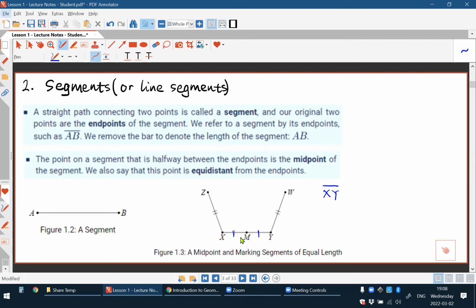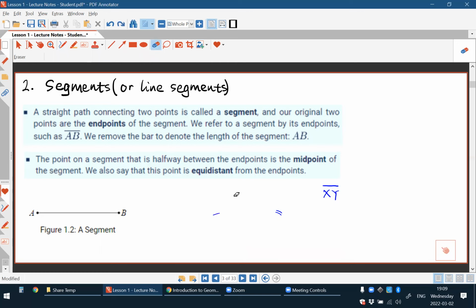And also in this graph, when you want to denote that ZX equals WY, you can put 2 strokes. That means ZX is equal to WY, but not necessarily equal to XM or MY, right? Okay, so these are some basic concepts about segments.